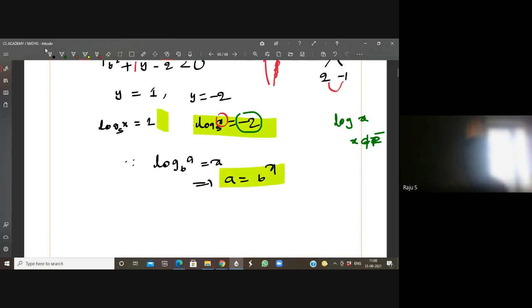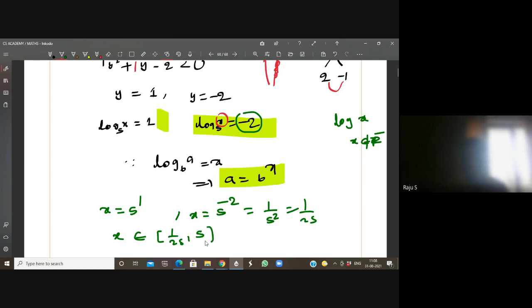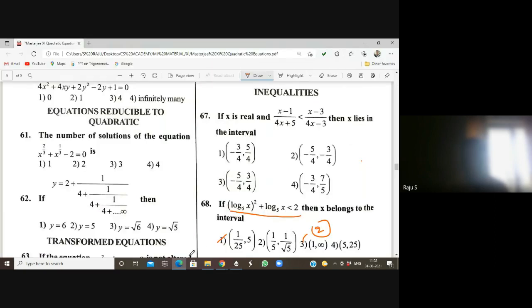So applying that here, x equals 5 to the power of 1, and x equals 5 to the power of minus 2. Shall I write like this? So x belongs to 5 to the power of minus 2, which means 1 by 5 square, that is 1 by 25. So 1 by 25 comma 5. Which is the correct option, students?